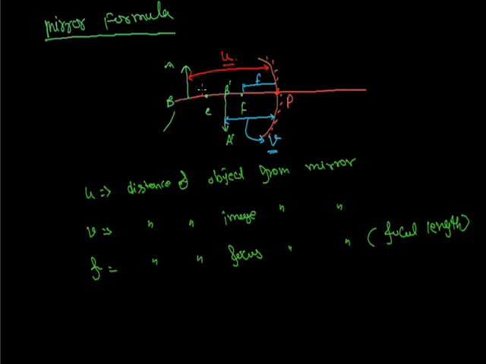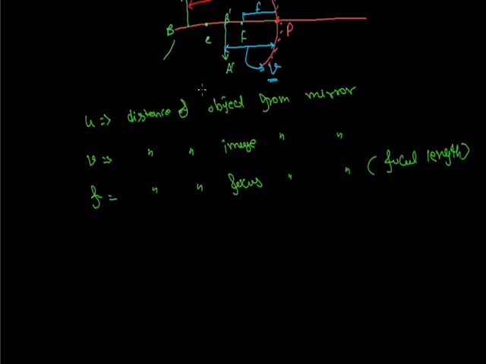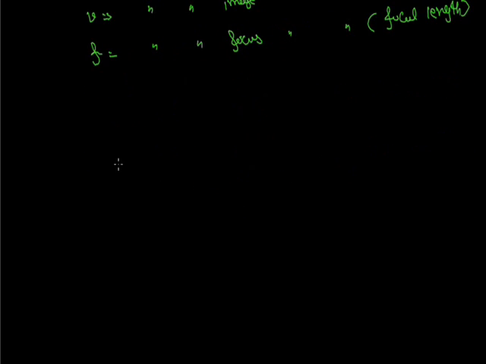What will be the expression? It combines all these 3 things: 1 by F, that is the inverse of the focal length, is equal to 1 by V, the inverse of the distance of the image from the mirror, plus 1 by U, where U is the object distance from the mirror. This is the most important formula.